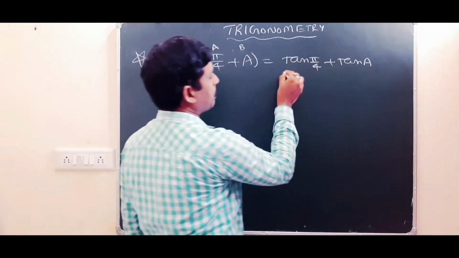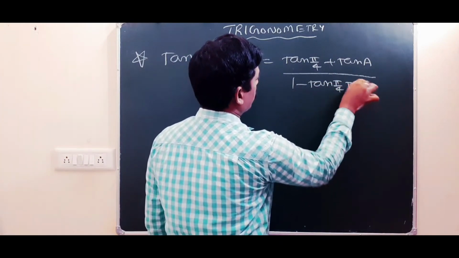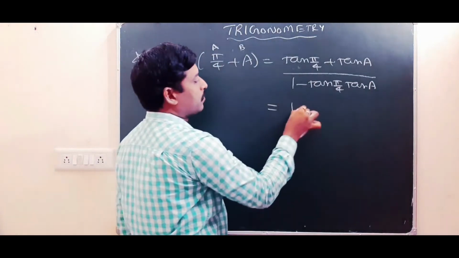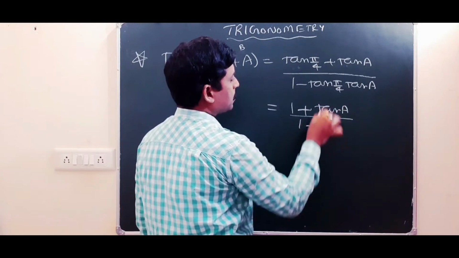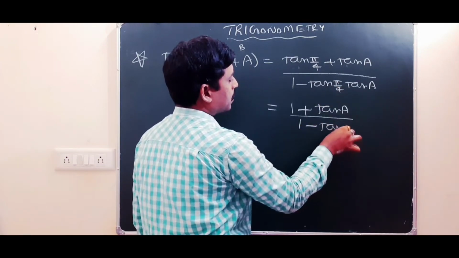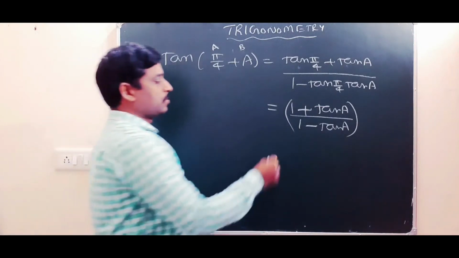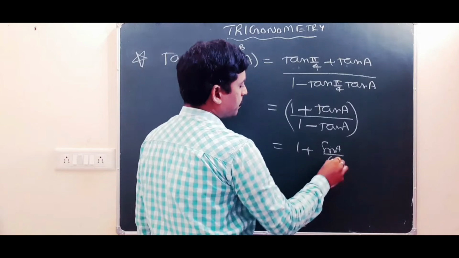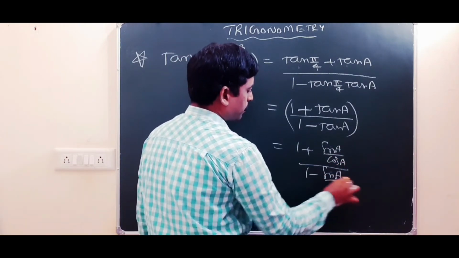Tan A plus tan B by 1 minus tan A tan B. This will be tan 45 value 1 plus tan A by 1 minus tan 45 value 1 times tan A. So 1 plus tan A by 1 minus tan A. So 1 plus, this tan A placed on the right, sin A by cos A, 1 minus sin A by cos A.